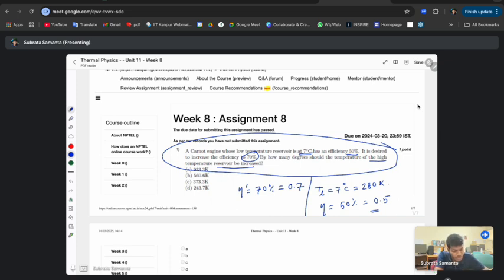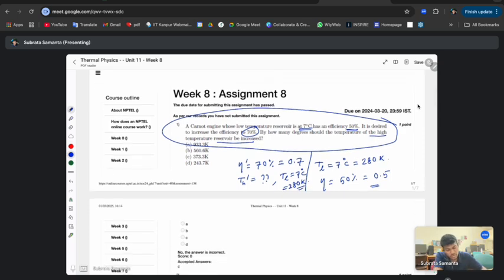So you have to calculate TH prime for the efficiency of 70%. TL is the same in this case, 7 degrees centigrade for the low temperature reservoir, so this is 280 Kelvin.